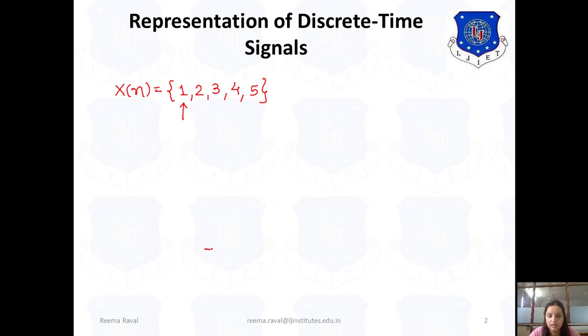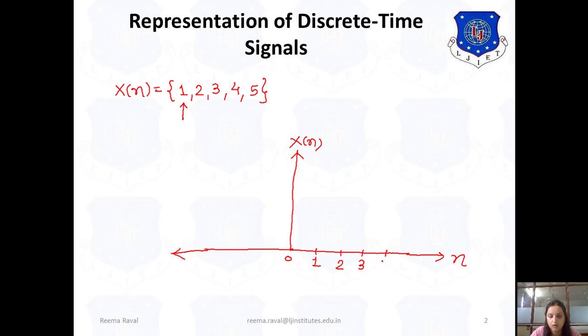So if I want to draw this signal, let us consider this signal x of n, where n are different time instants, right? So at the origin this time instant is 0, here it is 1, here it is 2, then 3, 4, 5, likewise up to n number of discrete time instants.